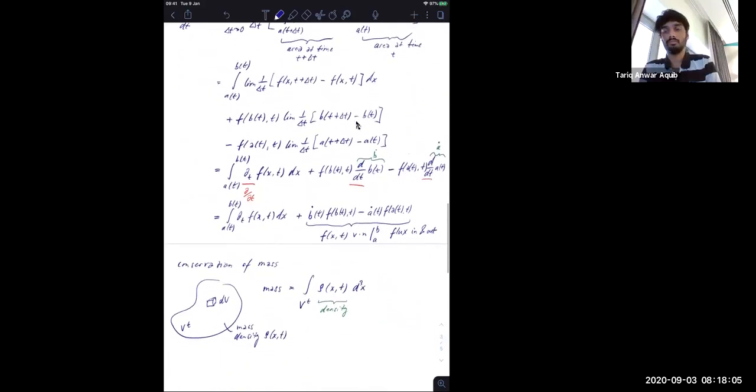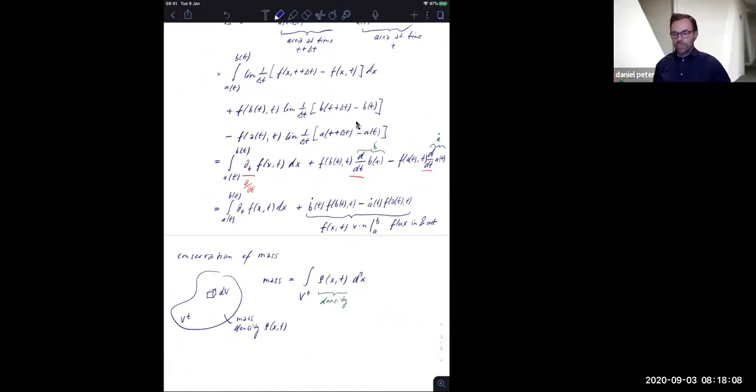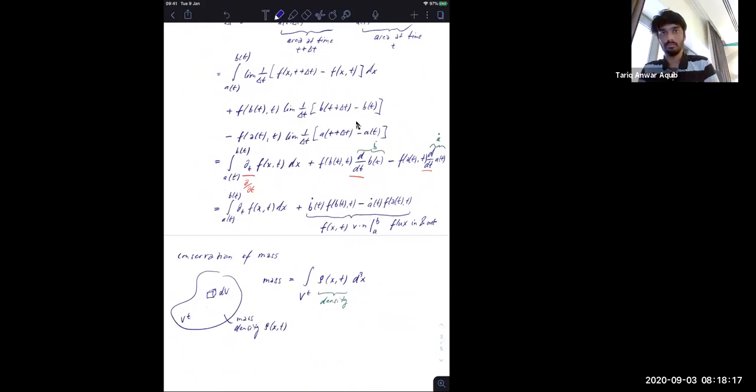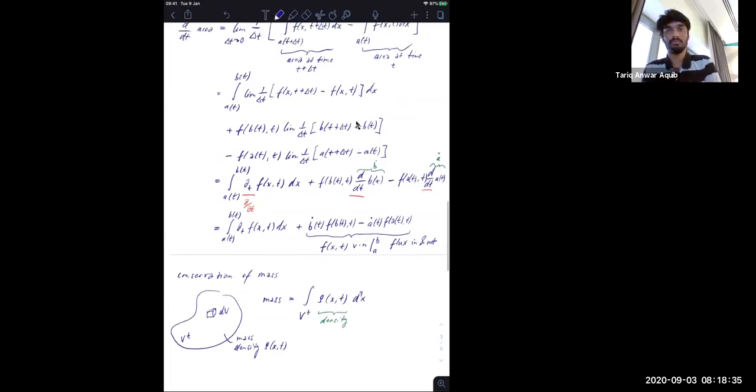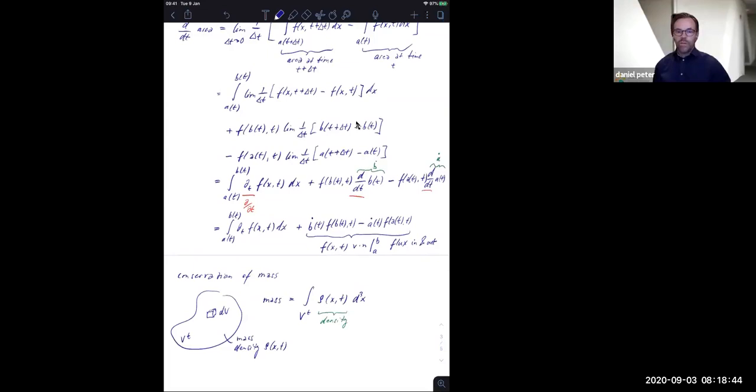And so what does conservation of mass mean? What is the rate of change now of mass? And it has to be conserved. So what does conservation of that quantity mean? Not changing.